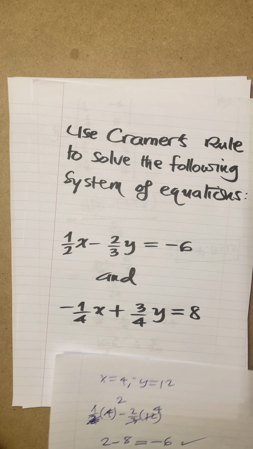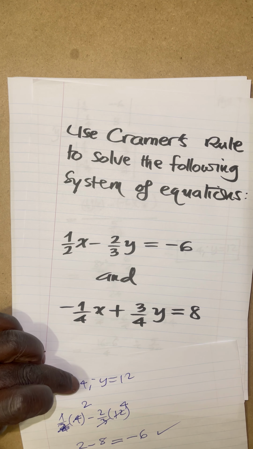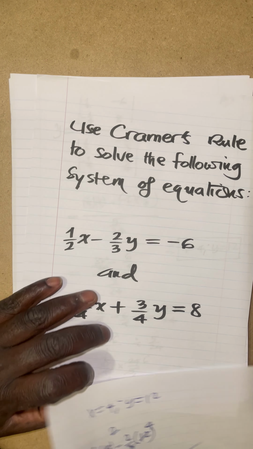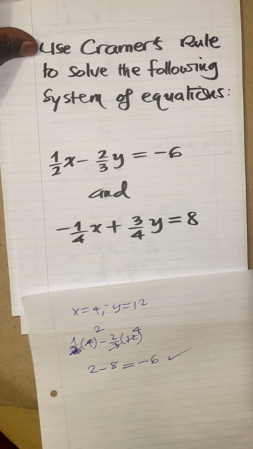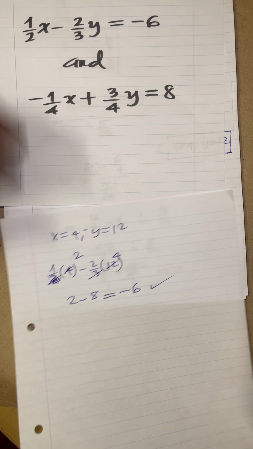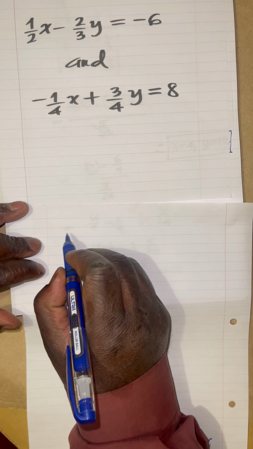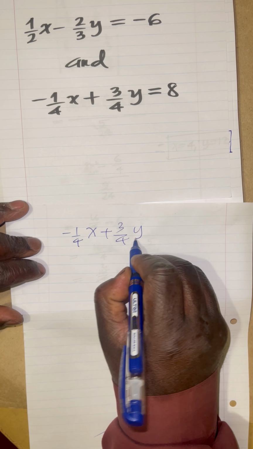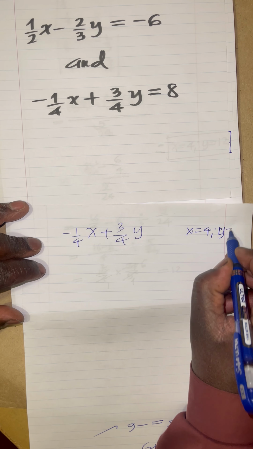Let's look at the second equation. There it is. Remember, our x value remains 4 and y value remains 12. Substituting there, what do we have? So we are saying 1/4 x plus 3/4 y, and we know x equals 4, y equals 12.